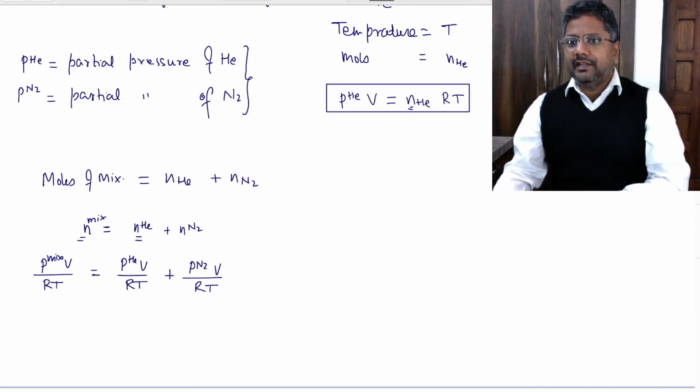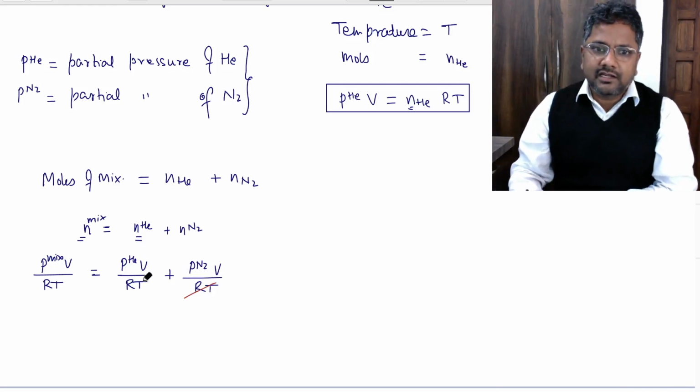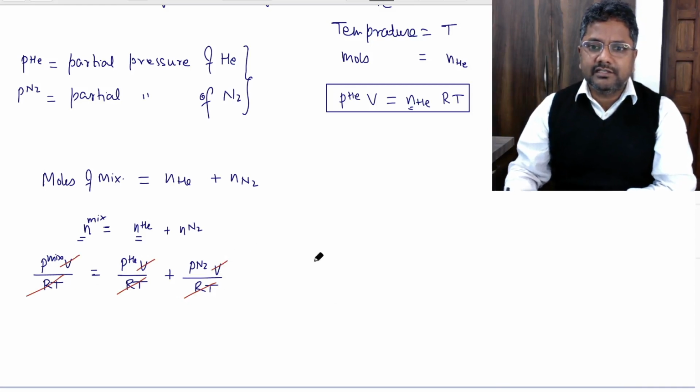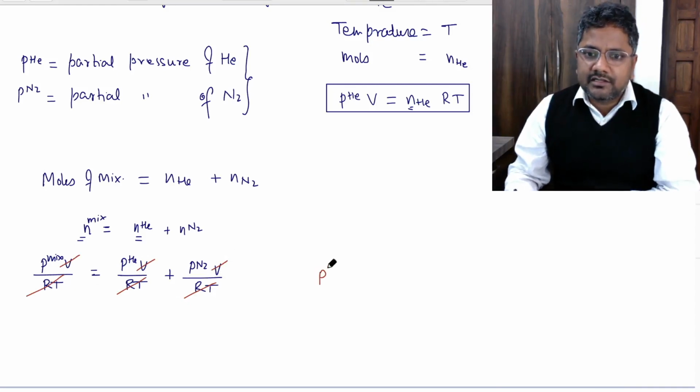So we can write here that RT cancels, V cancels. So we can write pressure of mixture is equal to partial pressure of helium plus partial pressure of nitrogen.